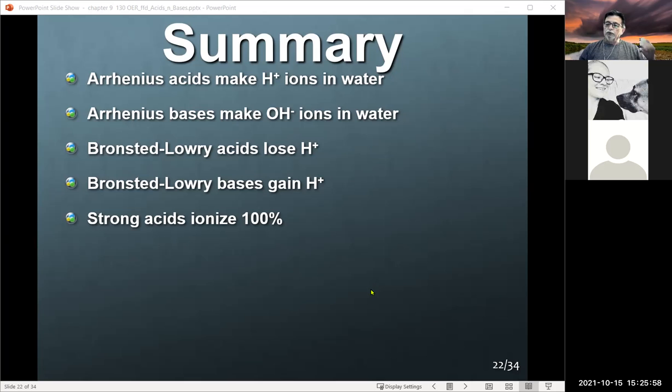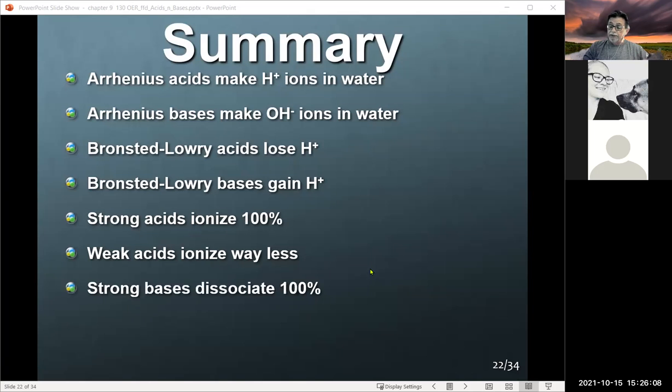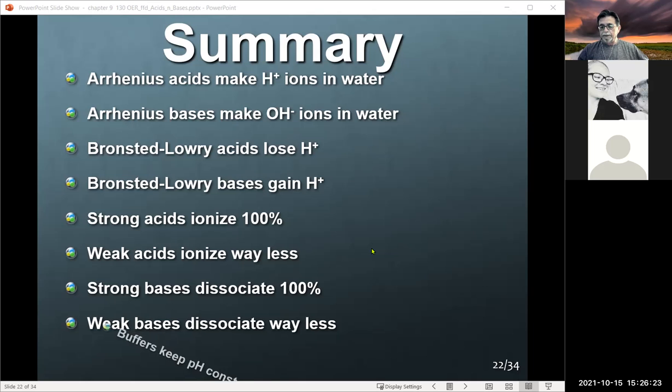Strong acids totally ionize or dissociate, 100% or approximately, whereas weak ones do not; much less, 1 to 5%. The strong bases, same as strong acids, dissociate 100%. Ionize, dissociate, we use those terms interchangeably. And the weak bases dissociate much less, like the weak acids. And buffers, all they do is keep the pH constant.